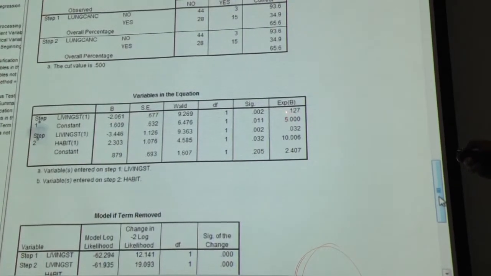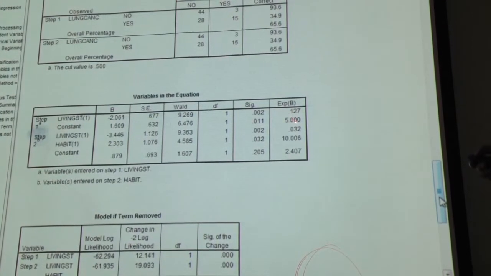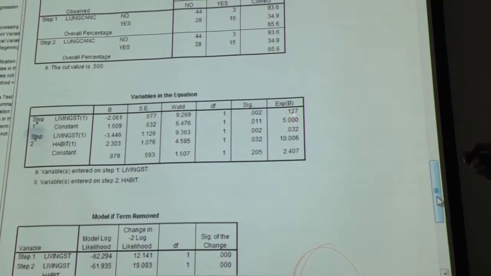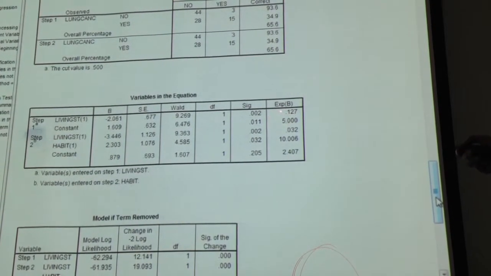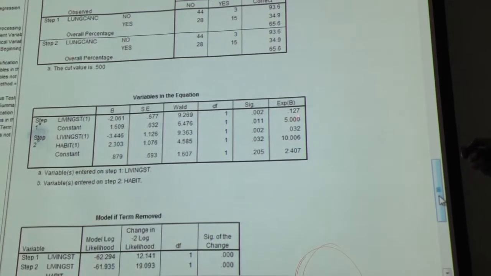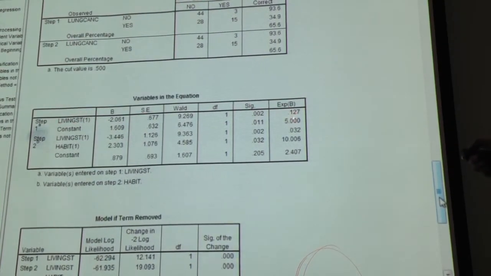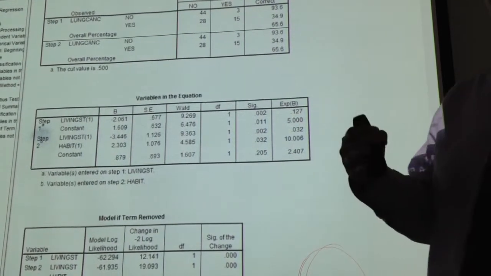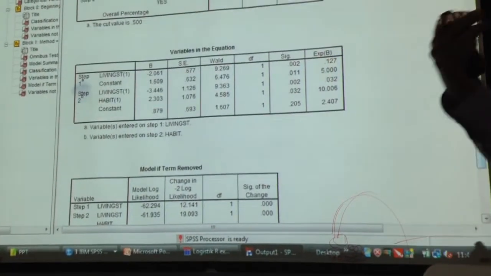If it is significant, that means it contributes how many percent? So we use 1 minus 0.127, which is around 87.3. That means it reduced 87.3%. A healthy living style will reduce the probability of having lung cancer by 87.3%.